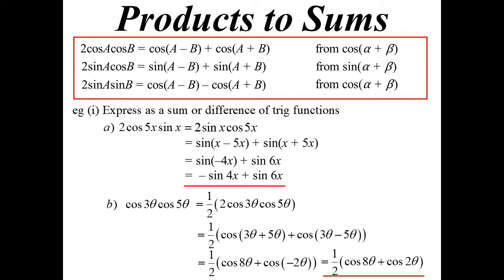So if we want to work out 2 sine 45 cos 15 then. Well, sine 45 is okay, we've got an exact value for that one. Cos 15, well, I suppose we could create one for cos 15 and then work it out from there. Or we could use this idea of products to sums.